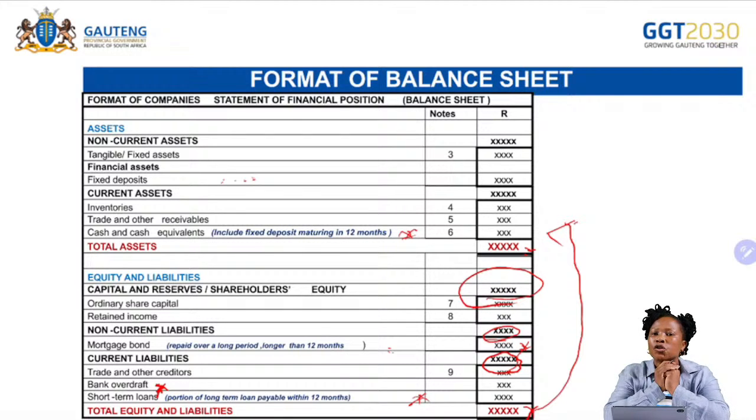Therefore, it cannot go to your trade and other payables. Remember that normally your bank, if it is a favorable balance, is going to appear under your cash and cash equivalents.